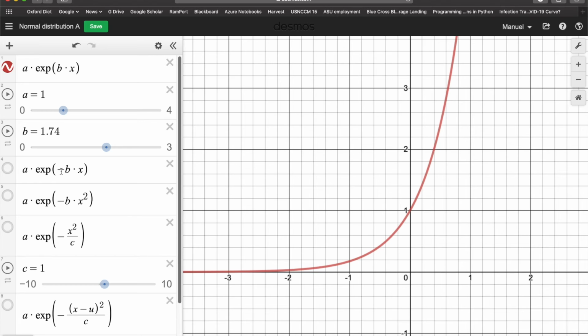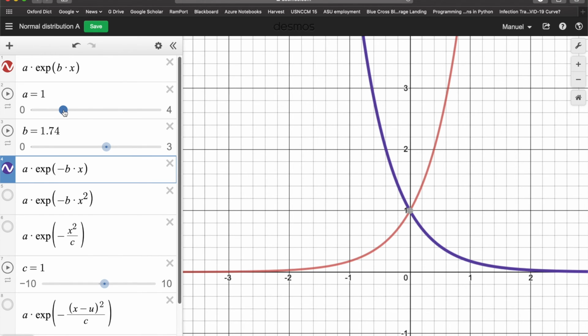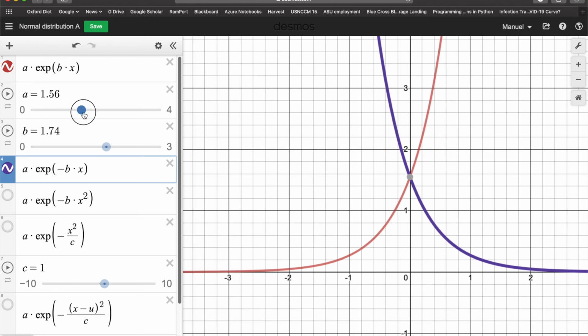Now let's consider the following function. So we are going to have a negative exponent. I'm going to plot it, and so we have both the positive exponent and the negative exponent. We can see that the negative exponent is a reflection of the function with the positive exponent. But apart from that, it will behave in the same way.